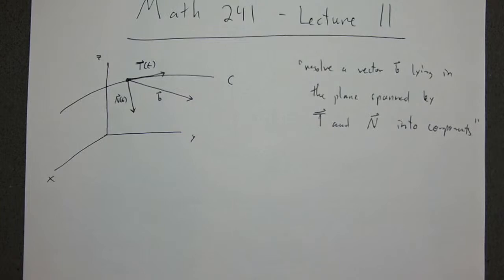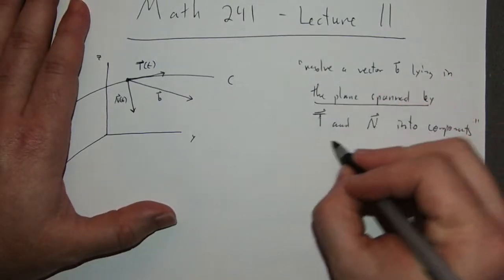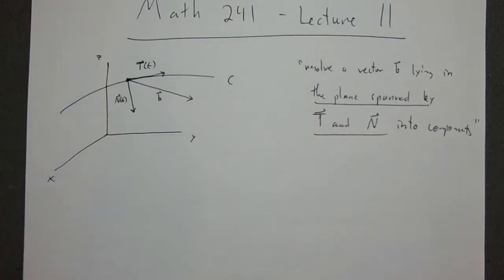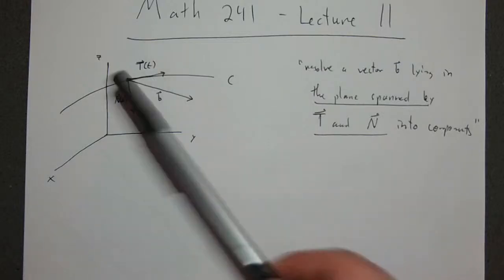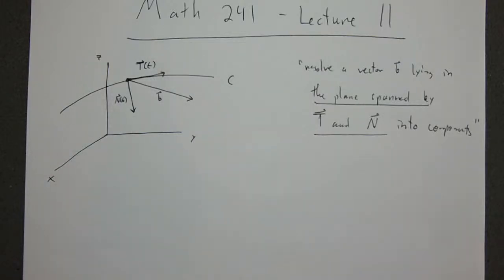So what do I mean when I say this? First of all, the plane spanned by T and N. Assuming that T and N are non-zero vectors, they are guaranteed to be orthogonal, perpendicular to one another, and so they determine a plane. You don't have to worry about the terminology used here.